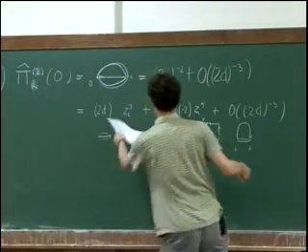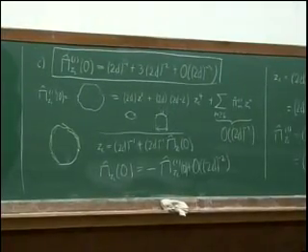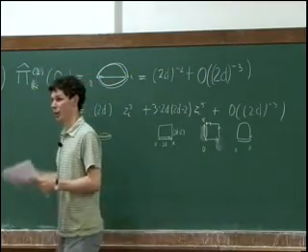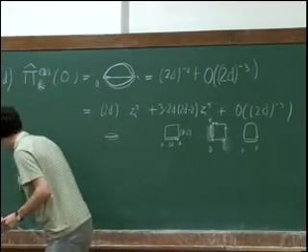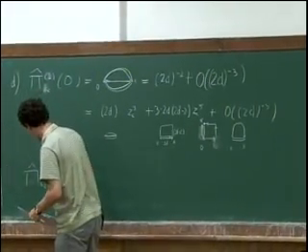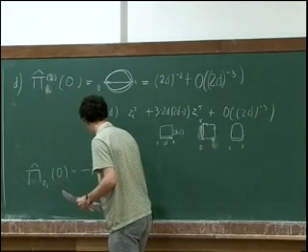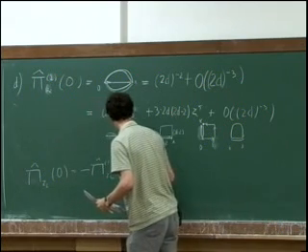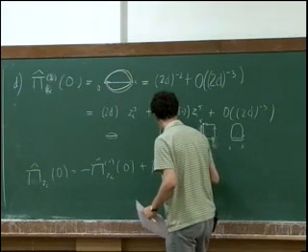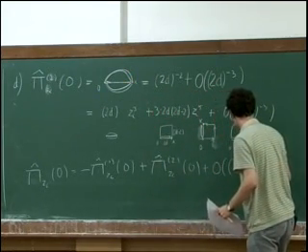Plugging in the value for zc that we have obtained over there, we get this formula. And then we know pi 1 and pi 2. And putting everything together, we get a formula for pi. So this is minus pi 1 zc hat 0 plus pi hat 2 zc 0 plus O of 2d to the minus 3.